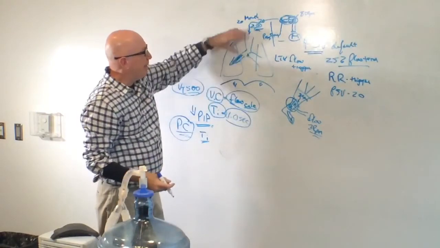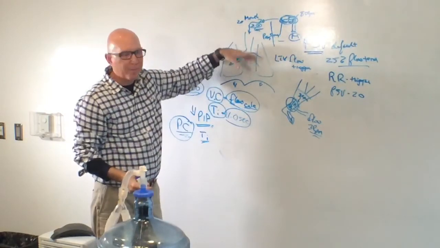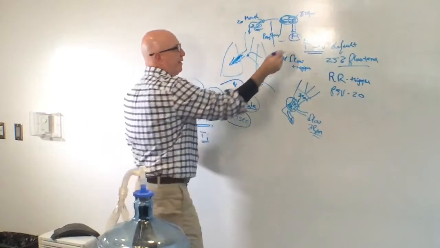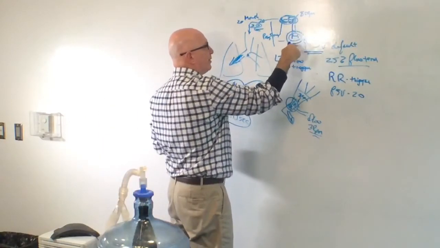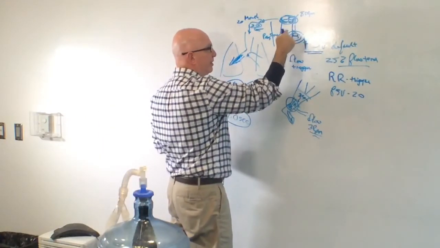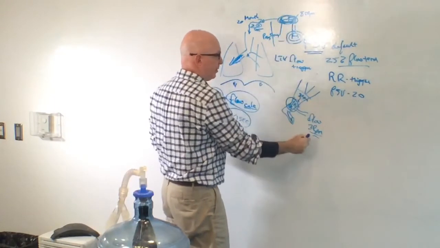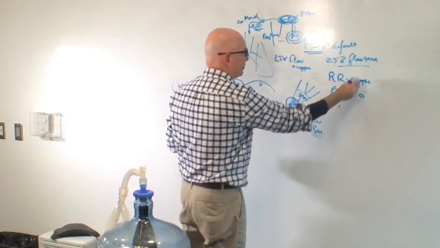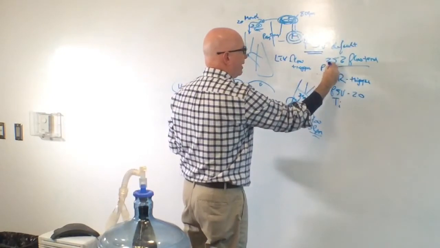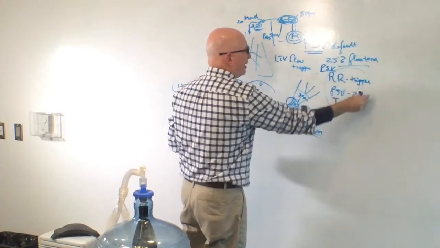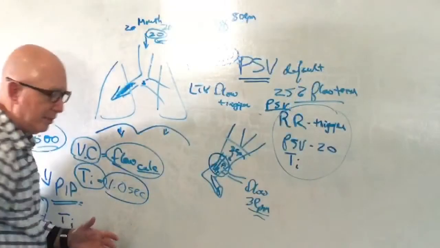So the patient has the ability to vary the flow based on what their demands are. And then there's the 25% flow cycle, so that the inspiratory time is also determined by the patient. So pressure-supported breaths work quite nicely in conjunction with what the patient wants.